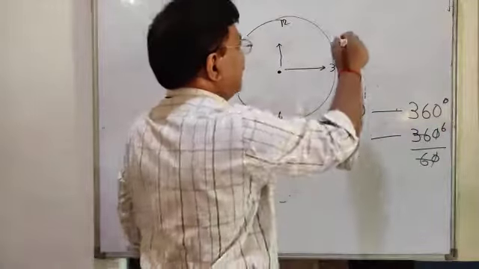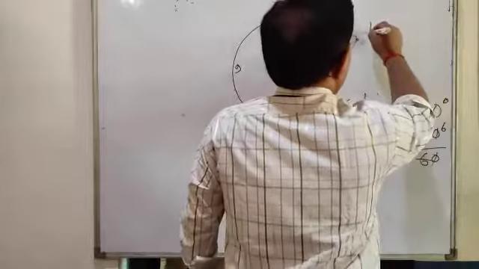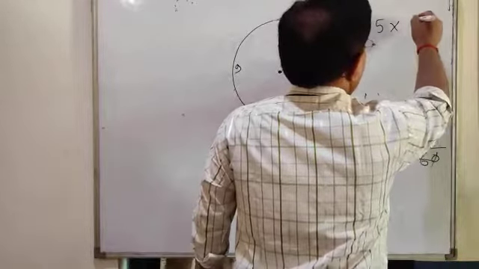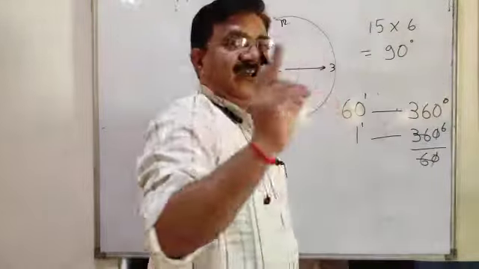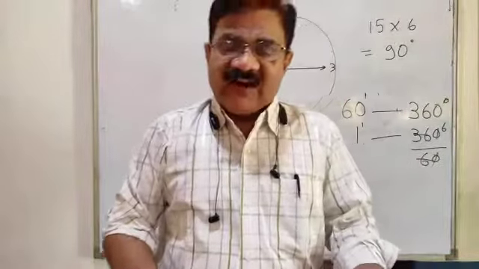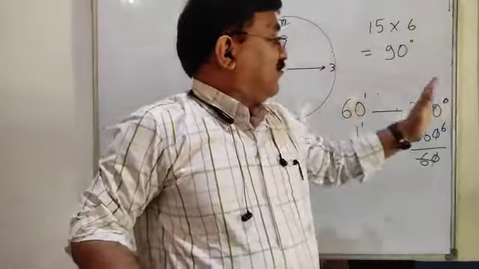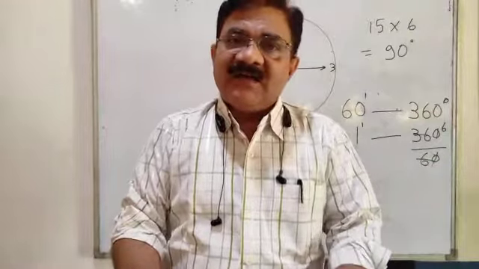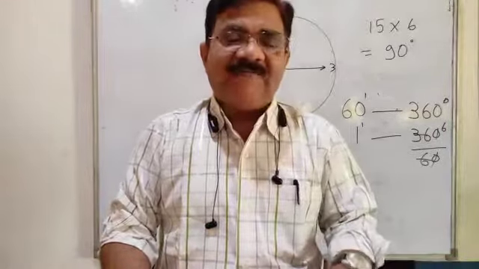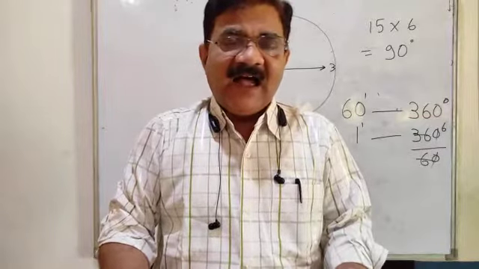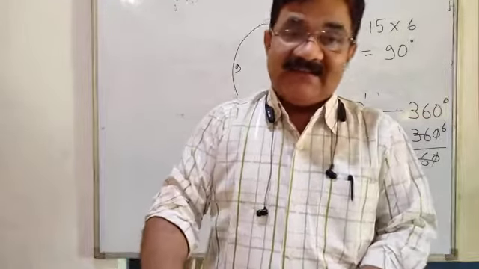So in 15 minutes, the angle formed will be 15 into 6, and that is 90 degrees. Dear children, try to understand this concept: 1 minute forms 6 degrees. Then according to that you can find the time and you can find the angle formed between those hands.